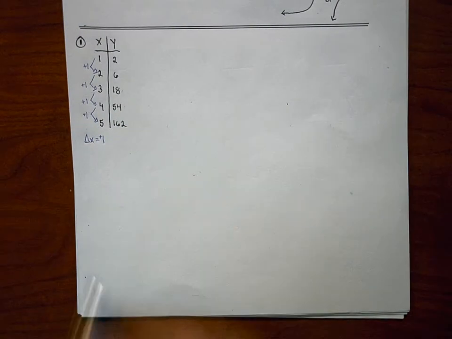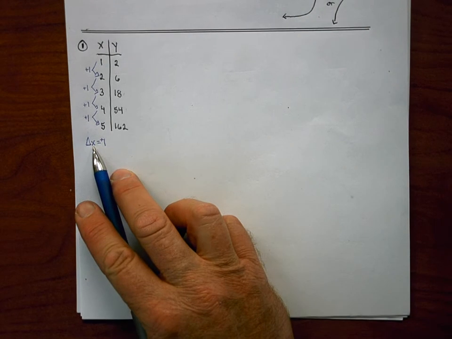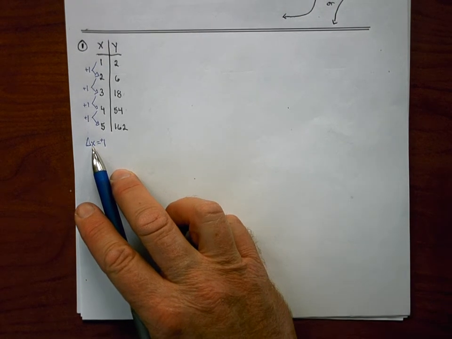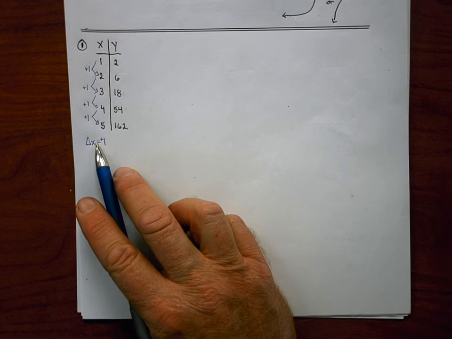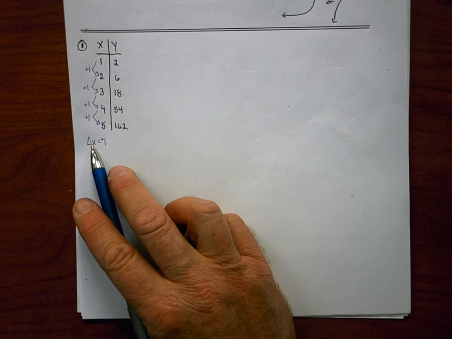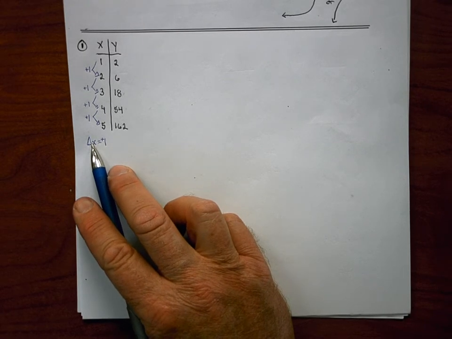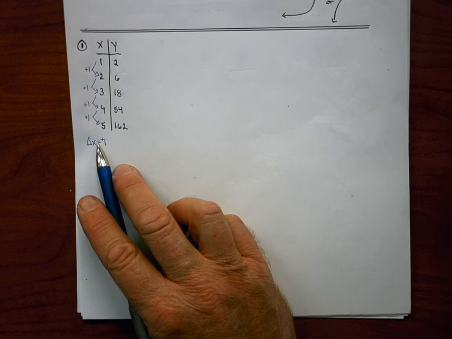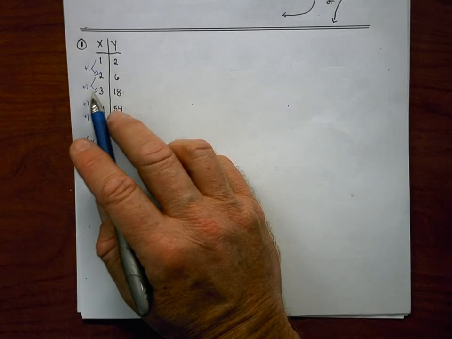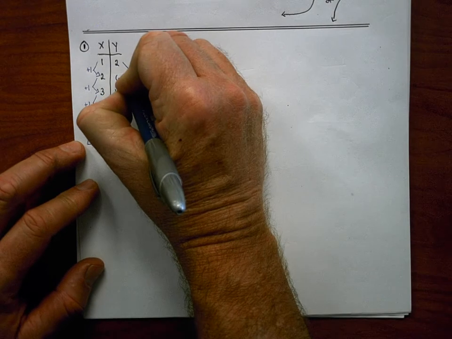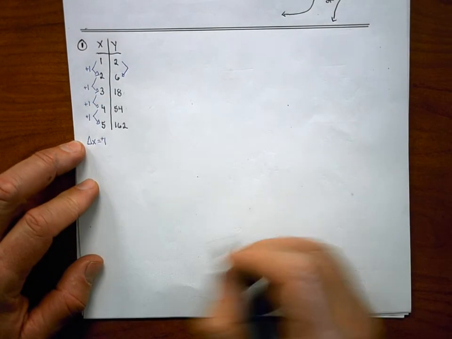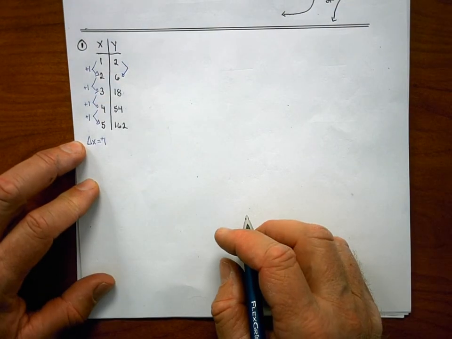Do you remember seeing this triangle with the x last year in Math 1? They called that delta x. The triangle is a Greek symbol for the word delta, and it means basically that the x's are changing by plus 1.